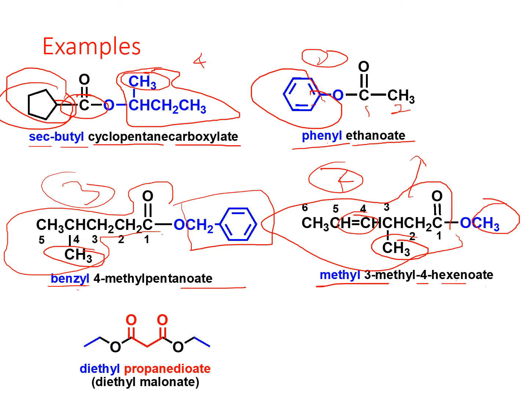Then we have a substituent at carbon number 3, so it becomes 3-methyl-4-hexenoate. So the name for the whole structure is methyl 3-methyl-4-hexenoate. We cannot combine the blue methyl with the black one, even though it is a methyl substituent, because the blue methyl is located on the alcohol part.